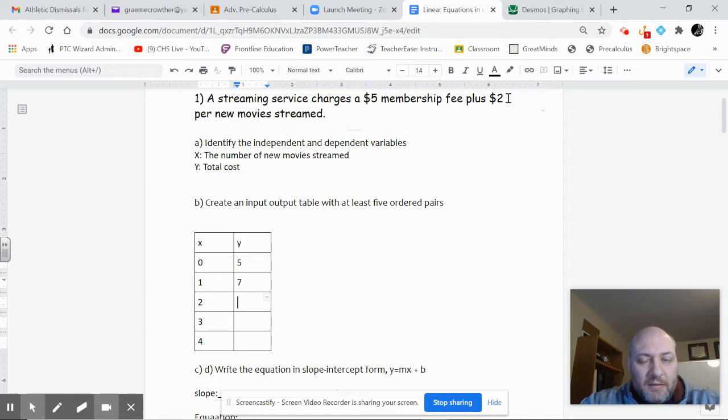If I buy 2 movies, that's going to be $4 plus my membership, so $9. And now I see a pattern emerging. 3 movies will be $6, sorry, plus the 5 would be $11. And 4 would be $8 plus the 5, which would be $13.